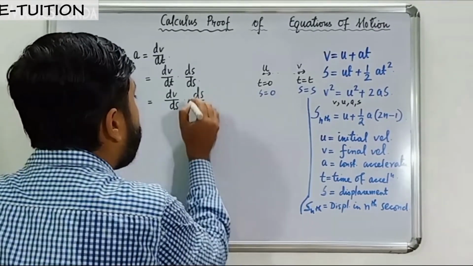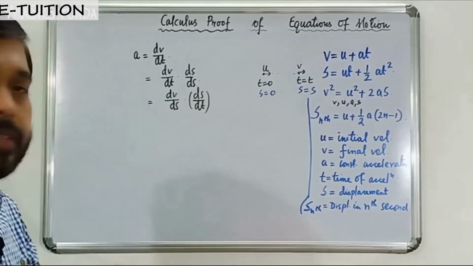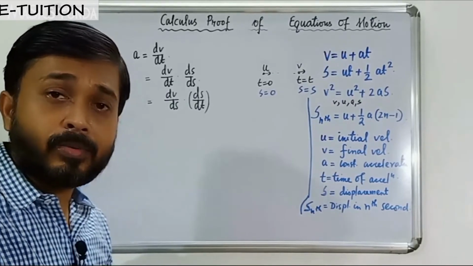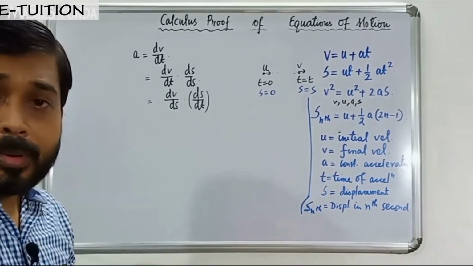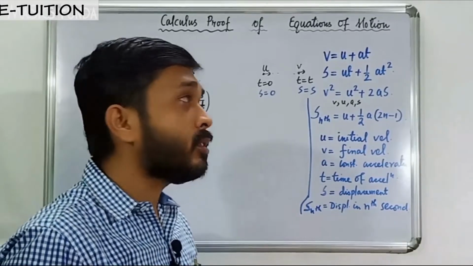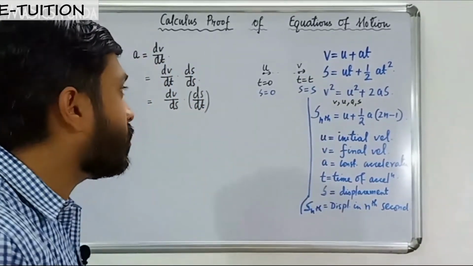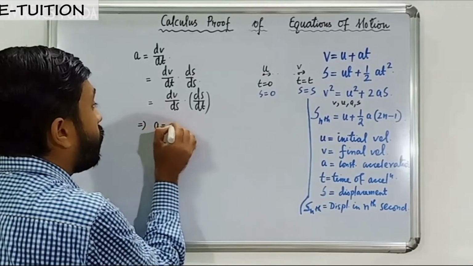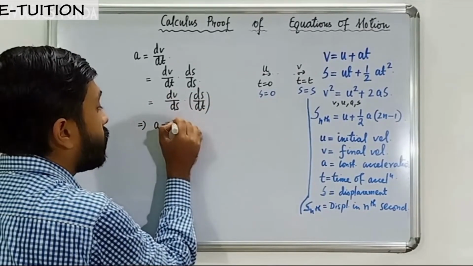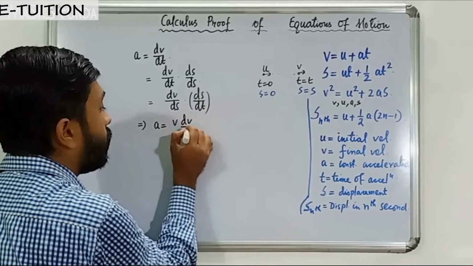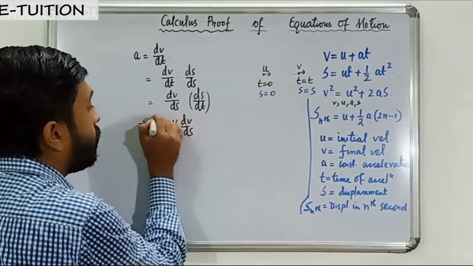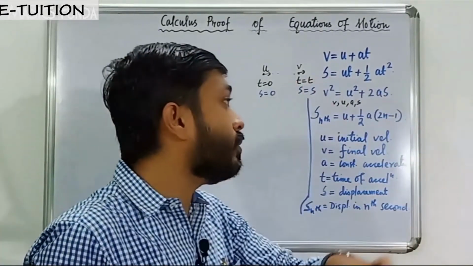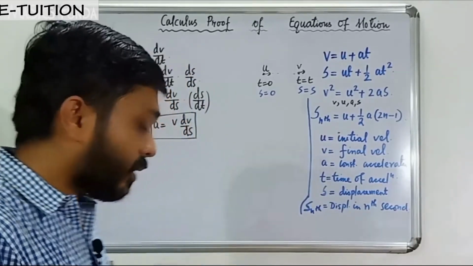So how much is this ds by dt? This ds by dt is definitely the velocity, the rate of change of displacement with time. The definition for velocity is something which was used to derive the second equation of motion, isn't it? After this we can write a equal to v dv by ds. This is the relation with which we have to start to prove this third equation of motion. Keep it in mind.